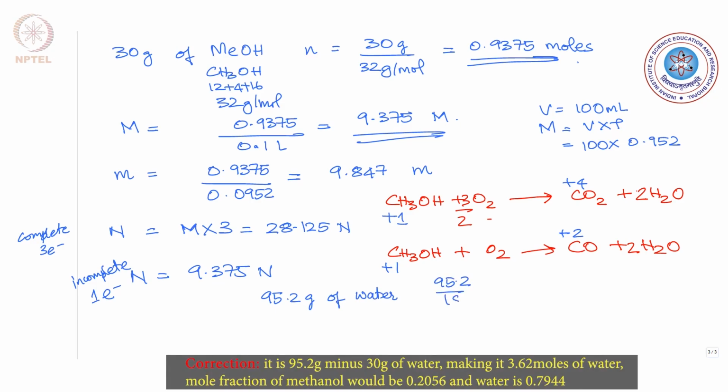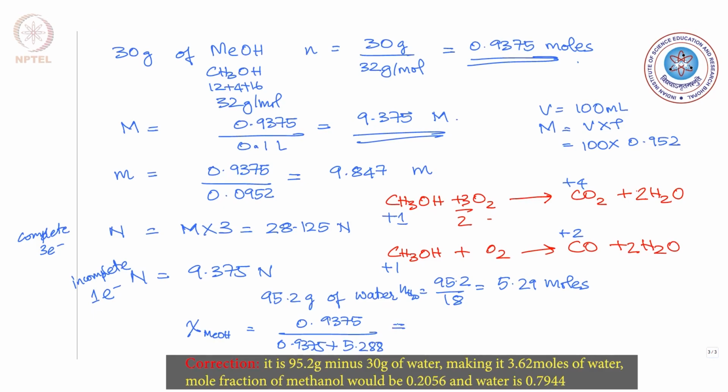95.2 divided by 18 will be the number of moles of water, which is going to be equal to 5.29 moles. So, the mole fraction of methanol is going to be equal to 0.9375 divided by 0.9375 plus 5.288.